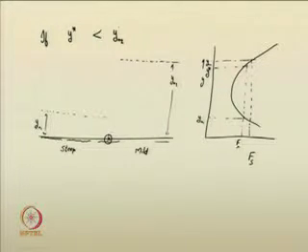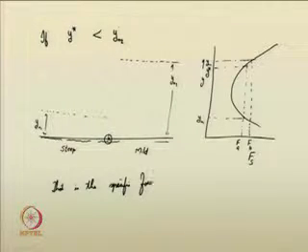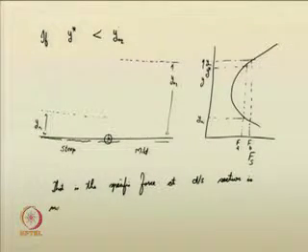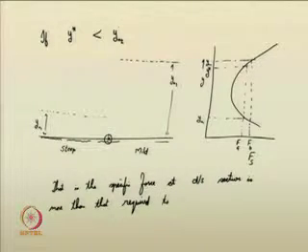In the upstream section you had a specific force F A, here in the downstream section for the corresponding normal depth, the specific force is F B. That is, the specific force at the downstream section is more than that required to produce a hydraulic jump.